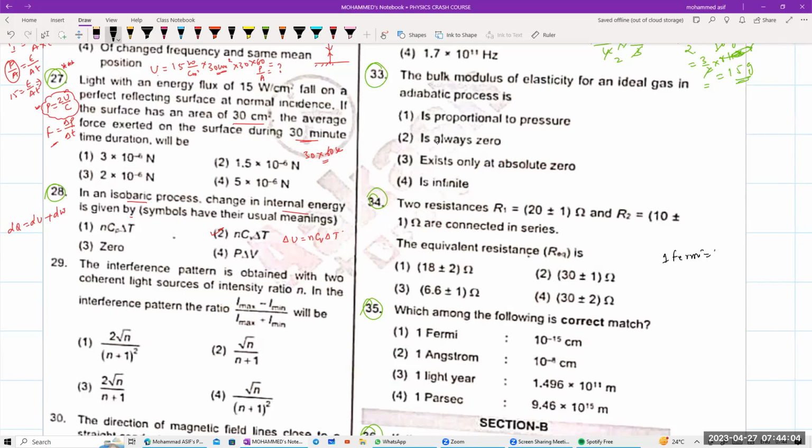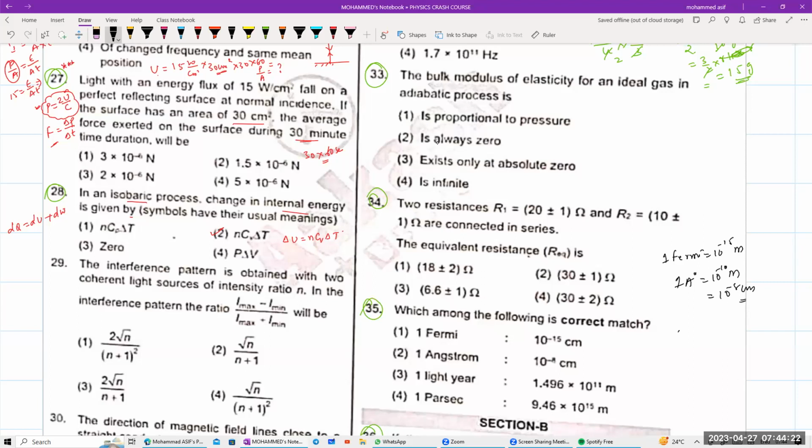1 Fermi is equal to 10 to the power of minus 15 meters. 1 angstrom is equal to 10 to the power of minus 10 meters, which in centimeters is 10 to the power of minus 8 centimeters. If you don't remember light year and parsec, we can write it out.